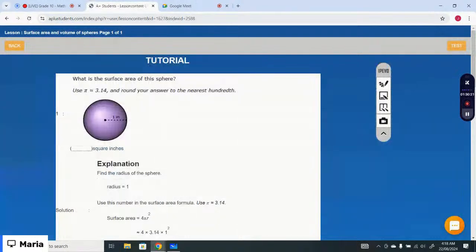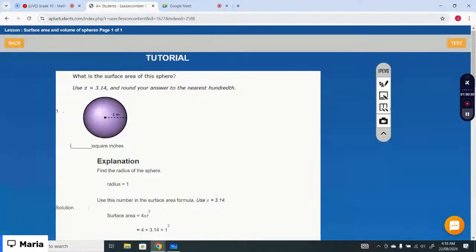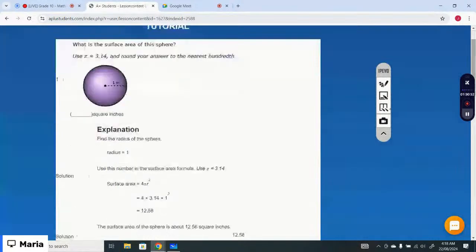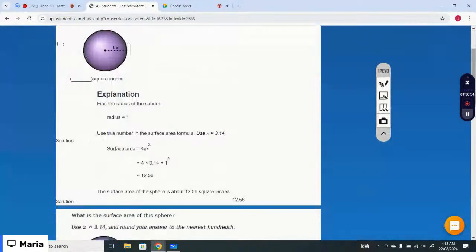First example, what is the surface area of this sphere? You have to calculate the surface area, right? So whenever you have to calculate the surface area, you have to use a formula, that is 4 pi r square. Simply put the values and do the calculations.